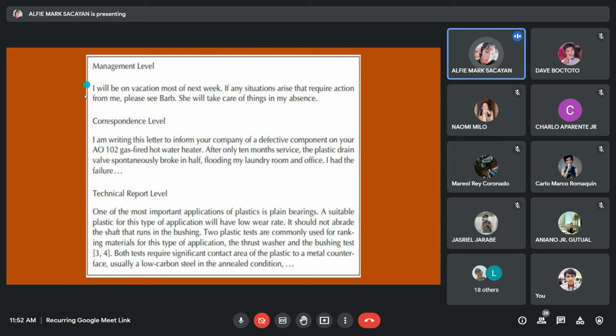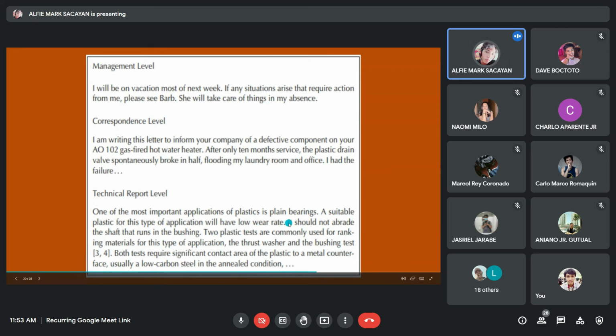So, very minimal lang ang iyang gisulat. Then, for the correspondence level, mas detailed na ang iyang gisulat, mas taas na. Then, on the other example sa technical report level, mas taas pa ang iyang explanation para mas masabtan sa iyang reader.